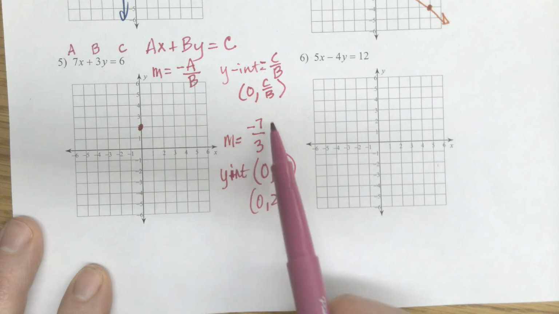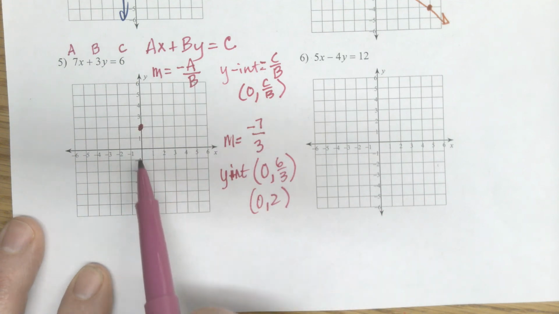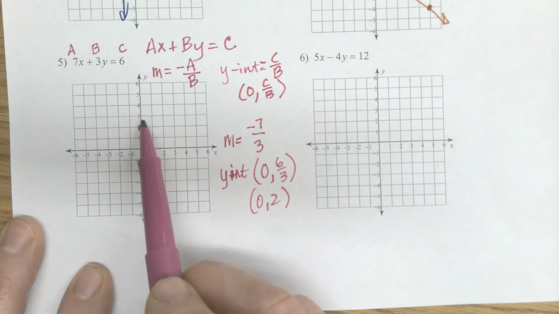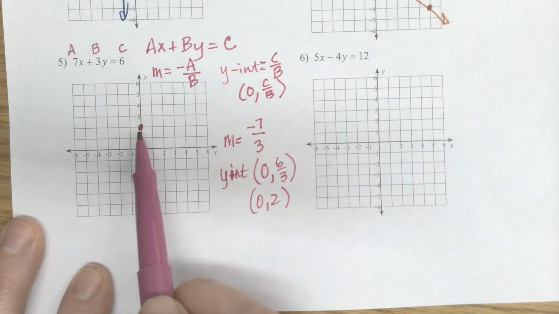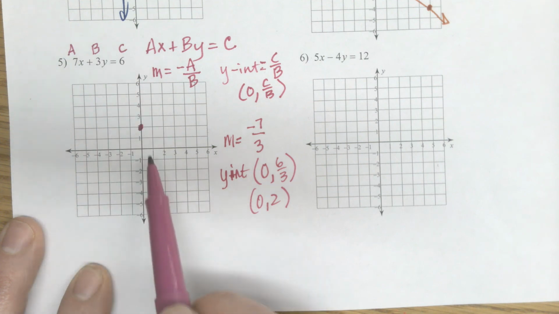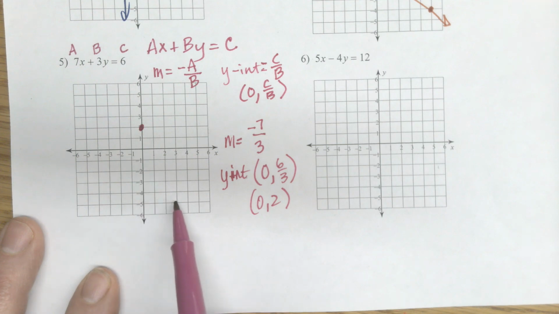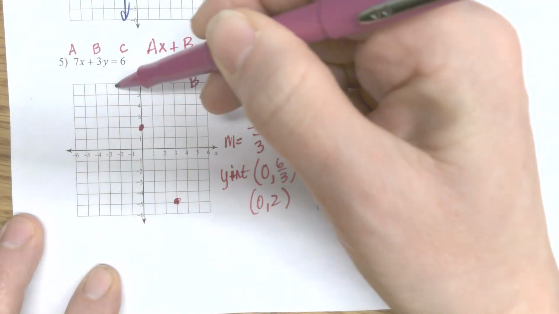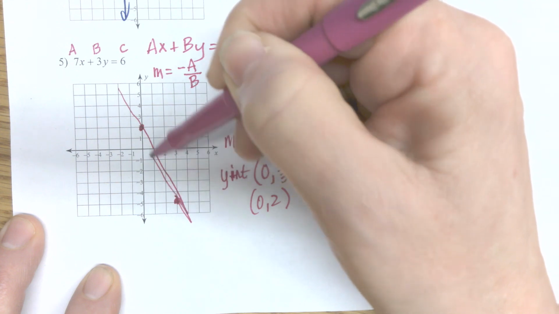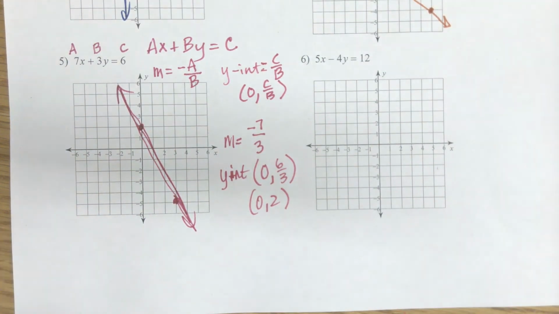And so in here, if I'm going down 7 over 3, I'll be able to stay on the graph, but if I chose to go up 7, left 3, I would be off the graph. So sometimes you're going to have to plan ahead. So down 7, right 3, connect my points, and make my line.